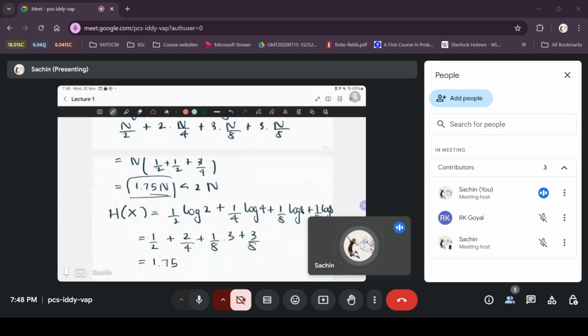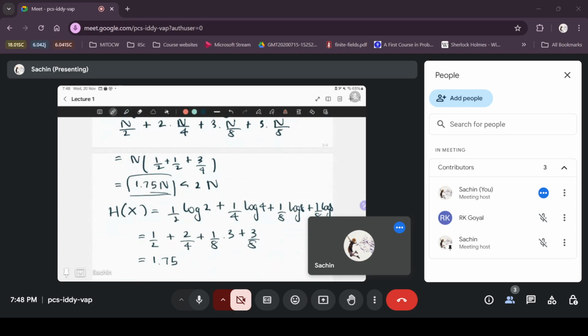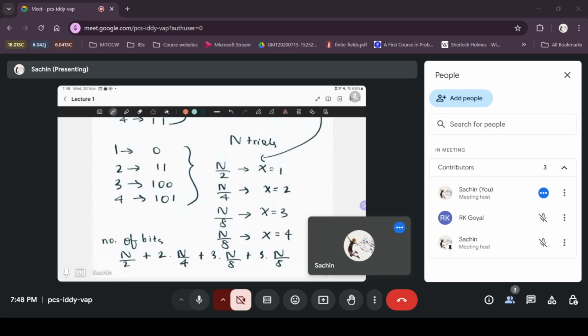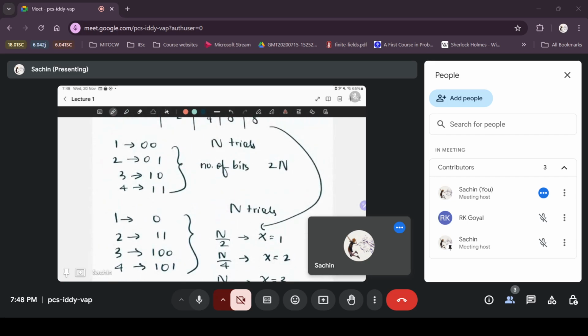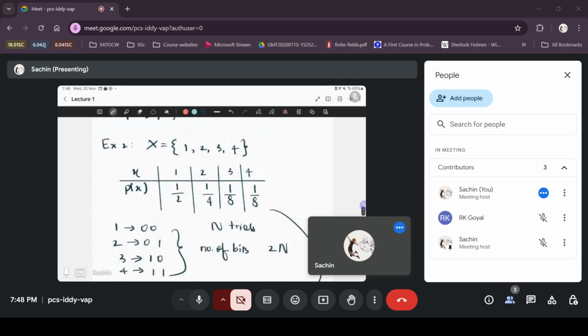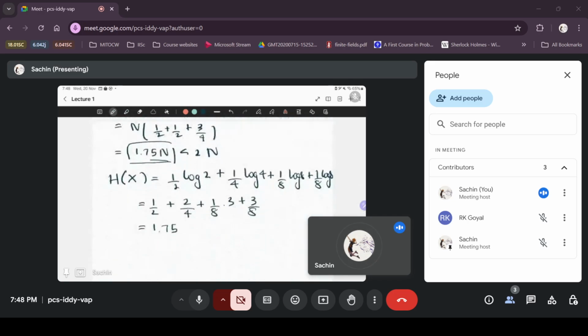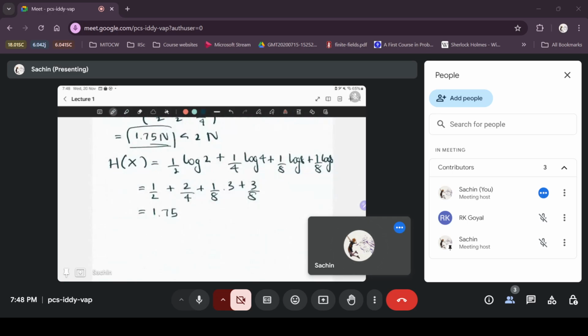So that's the entropy. So this kind of gives you the minimum average length you would need to represent a symbol.